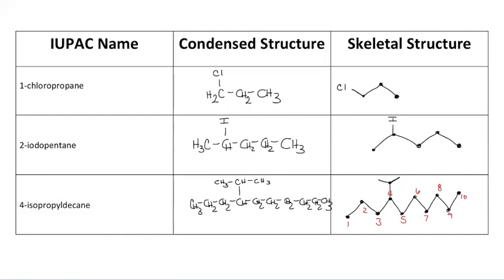So isopropyls always look like a Y. Okay? Any questions? Given the name, it's just that it looks like a Y. When we draw the skeletal of it, it looks like a Y.